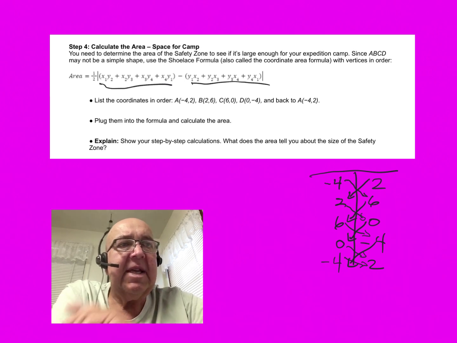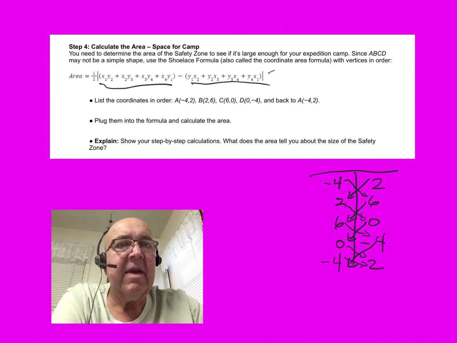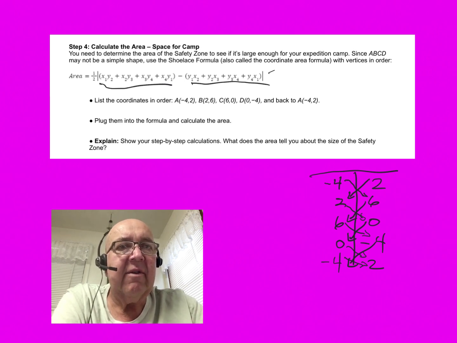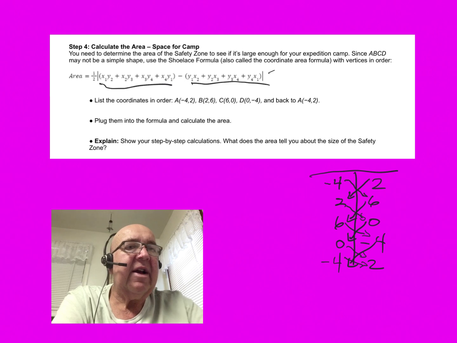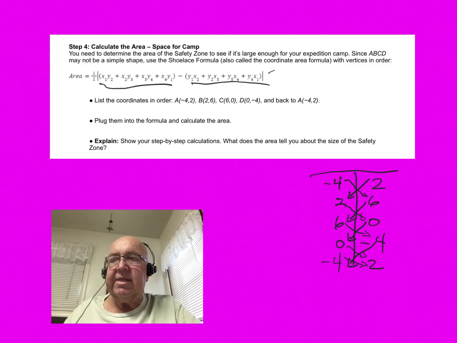Then I'm going to use the absolute value, which means whatever the value is, if it's negative or positive, it's going to remain just the number. The sign would drop off. And then I'm going to divide that by 2 and I'll find the area. Then it's going to ask you to explain why the area is something that's important.